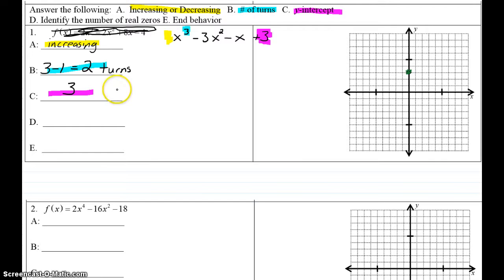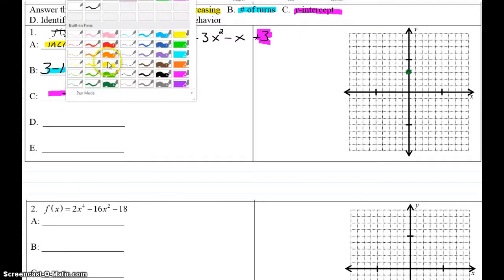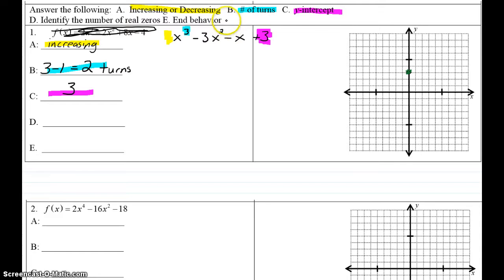Alright, now identify the number of real zeros. So we're going to look at our function, and since it has 4 terms, we're going to try grouping. And so as we look at x cubed minus 3x squared, what do they have in common? We notice that they both have an x squared, and so this becomes x minus 3. Now we look at the next 2 terms, negative x and positive 3. That looks a lot like this, except the signs are opposite.